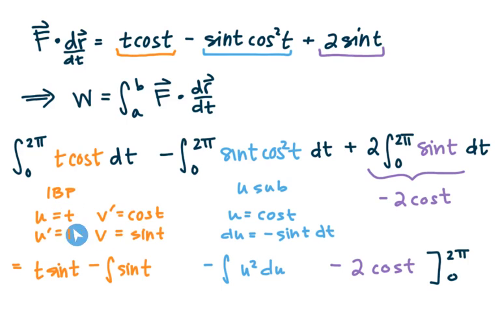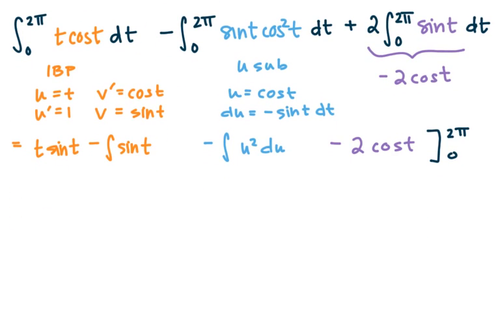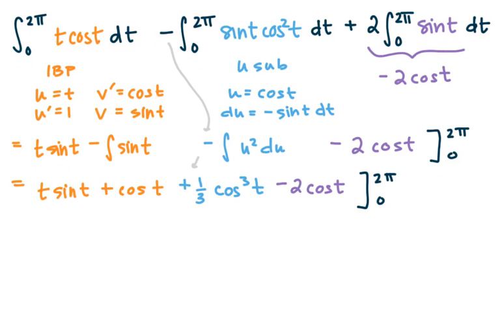So I wrote out some of my steps here for my integration by parts. I still have one integral in there, my u sub, that's going to become 1/3 u cubed, or 1/3 cosine cubed t. And then sine t is easy for us to integrate. It just becomes negative cosine t. And this is what it looks like once you've integrated it, evaluating at 2 pi and 0. Of course, at 2 pi and 0, t sine t is going to go to 0.